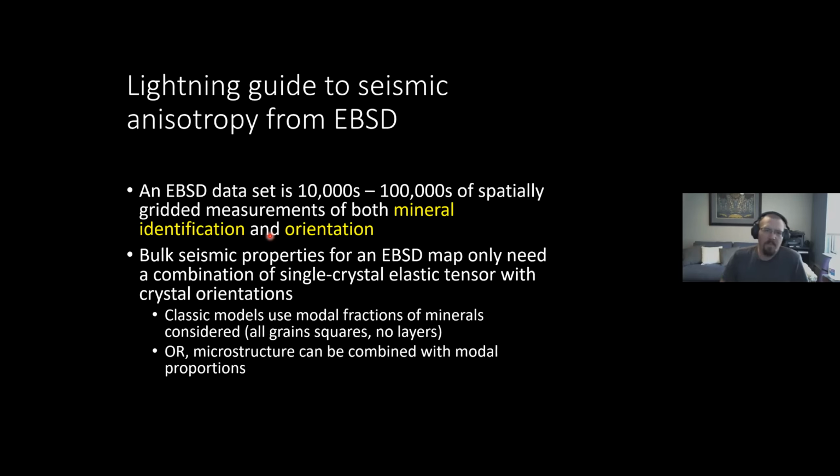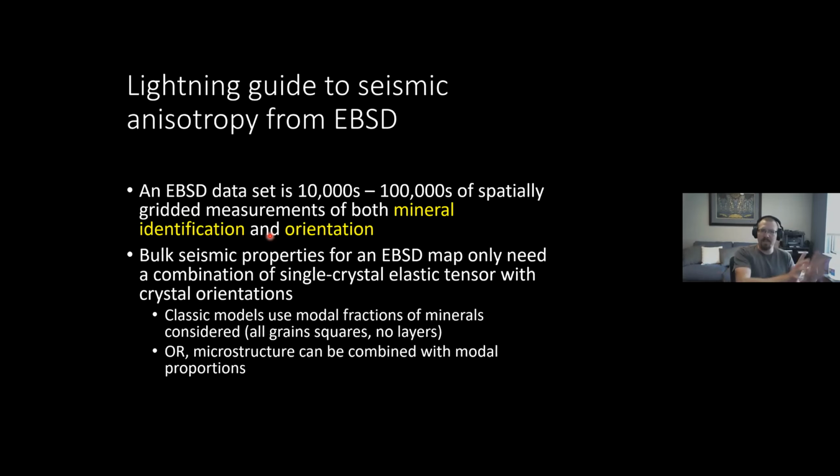The typical EBSD data set is easily into the hundreds of thousands of individual measurements. They're almost always spatially gridded, so you have spatial relationships at sub-micron scale if you want, up to millimeter scale if you want. I'll go into more detail in a second about how you get EBSD and what the whole workflow is, because it's very visual and very cool.